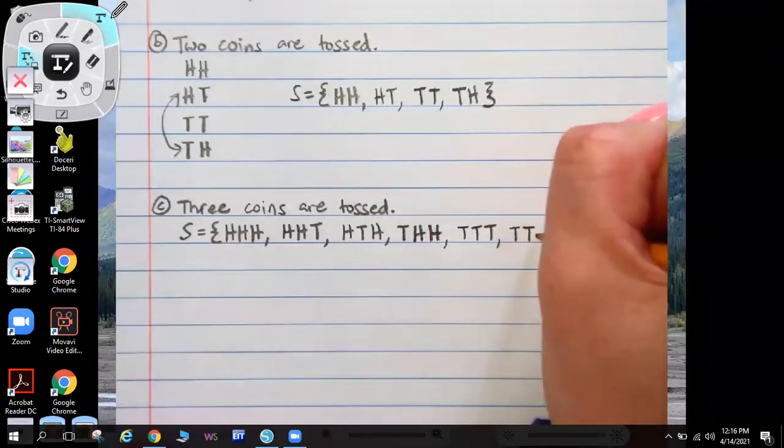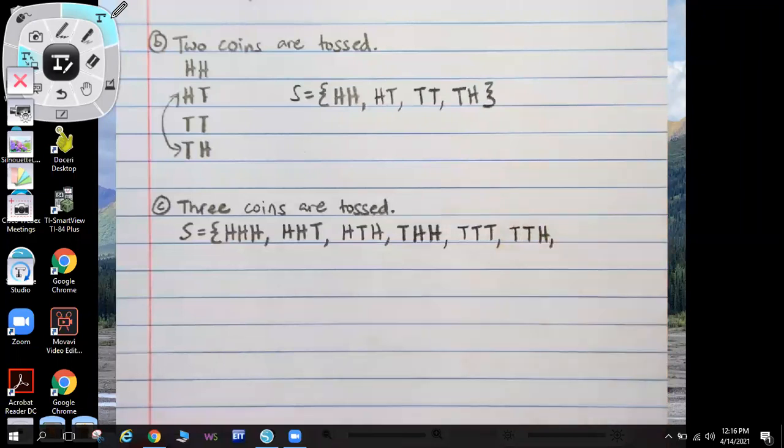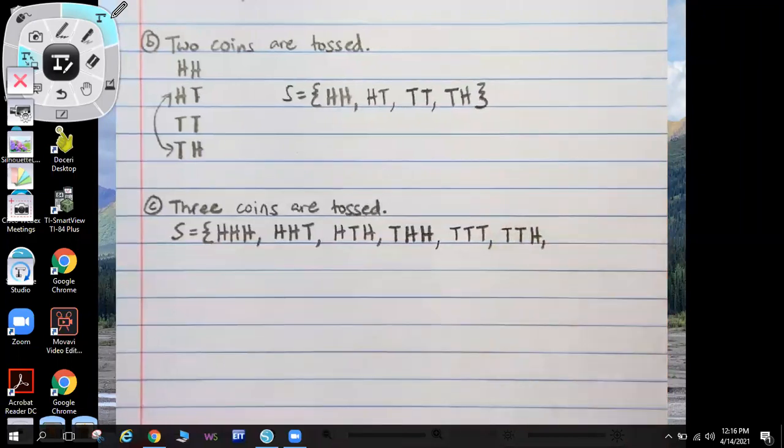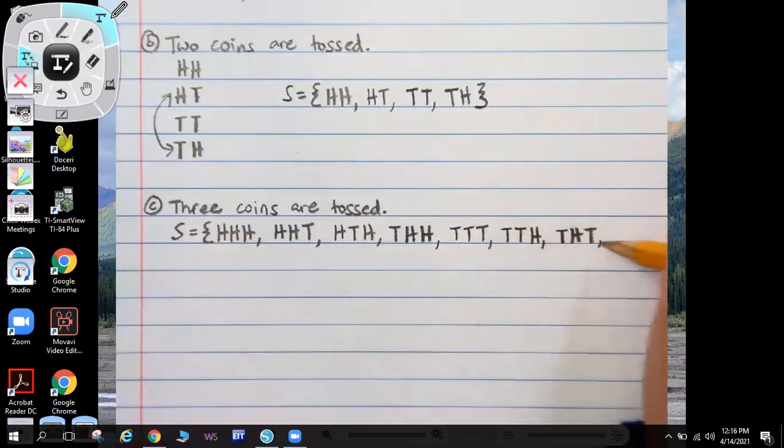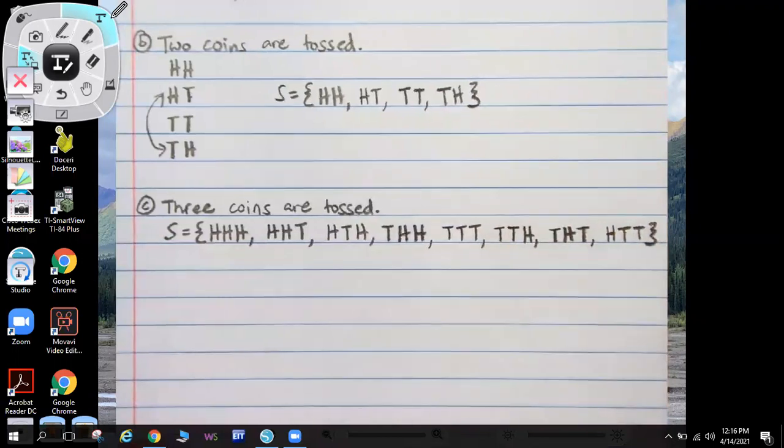We could have tails, tails, heads. Tails, heads, tails. Heads, tails, tails. 8 possible outcomes.